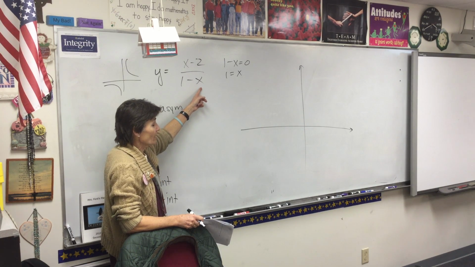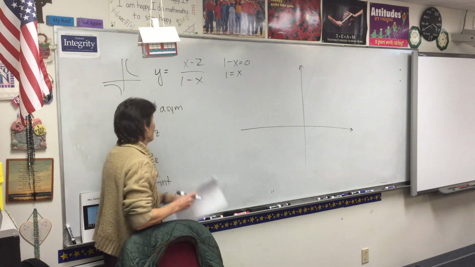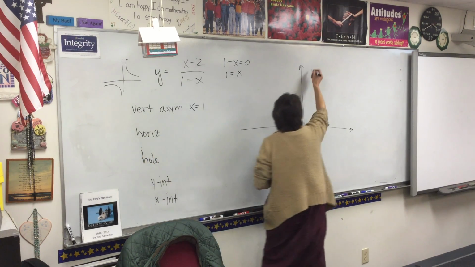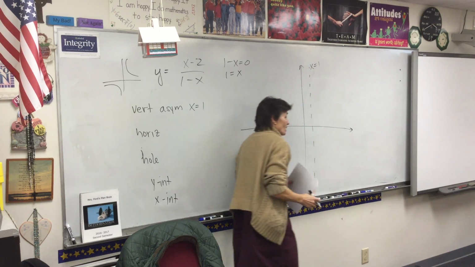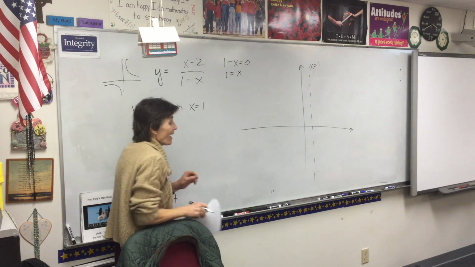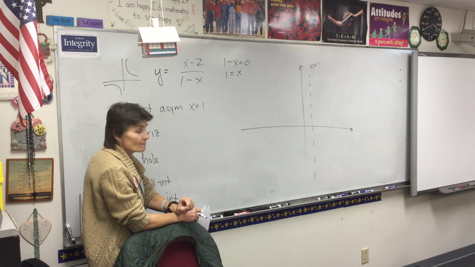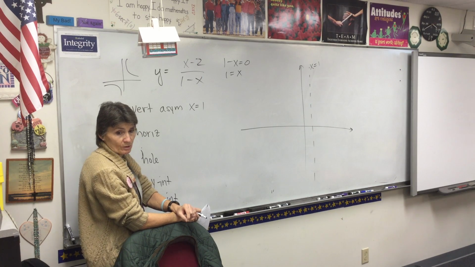And that's where vertical asymptotes come from. So my vertical asymptote is at 1. So it's a vertical asymptote, x equals 1. If I have not already made a note, I would make a note in my notes that vertical asymptotes are when the denominator equals 0.